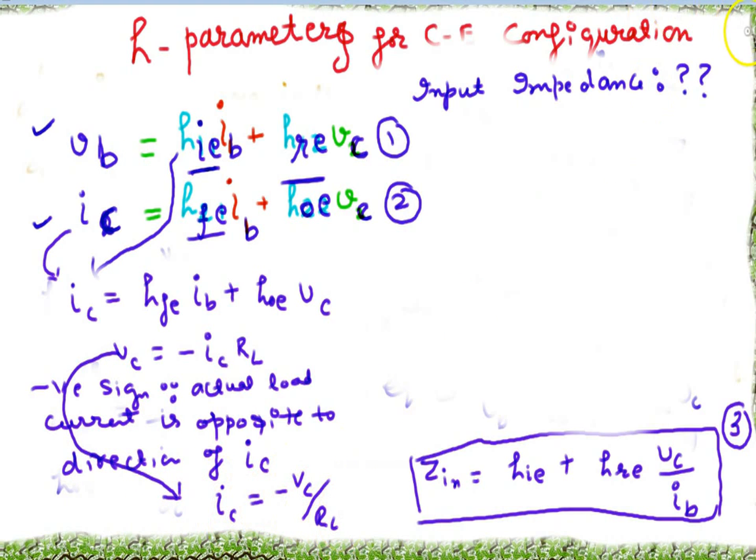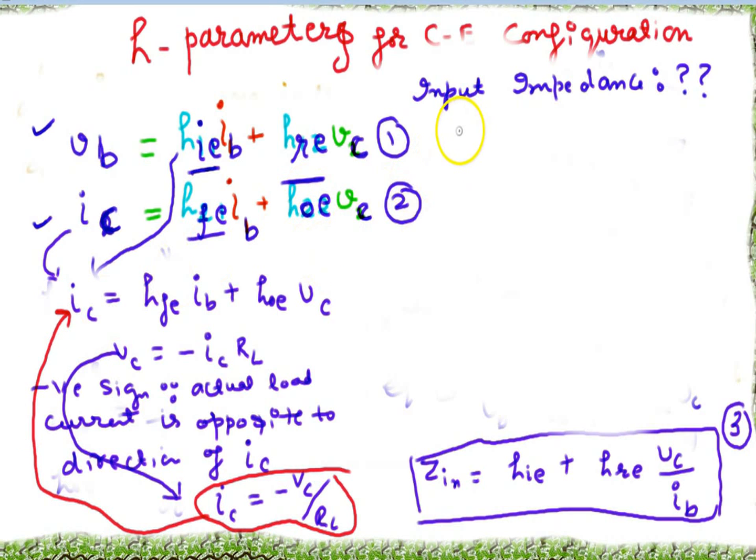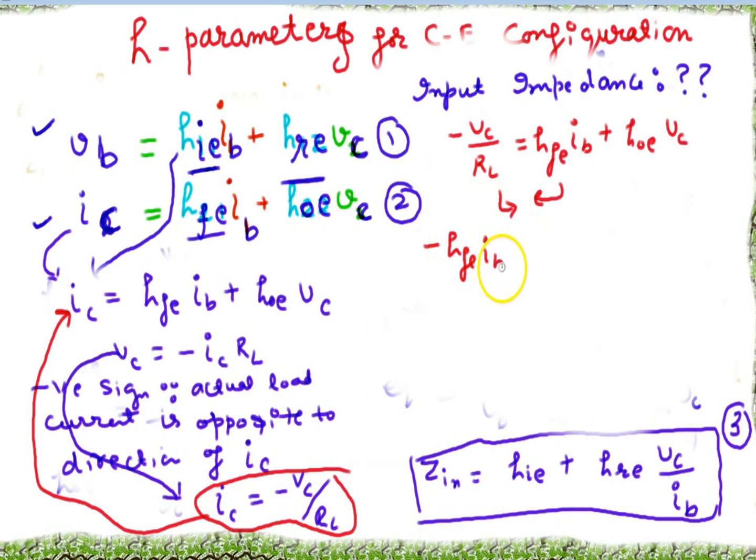And from here we find IC equals minus VC over RL, and substituting there, it becomes minus VC over RL. VC is taken common.